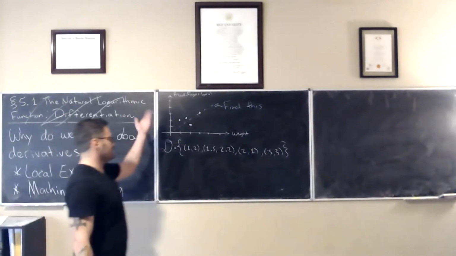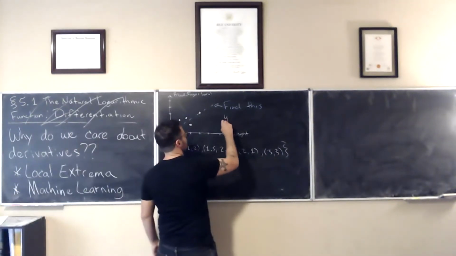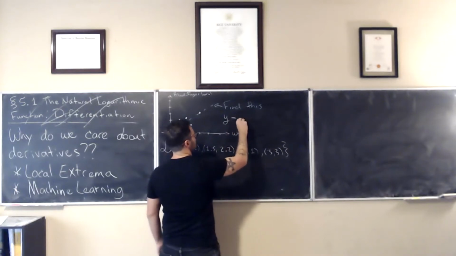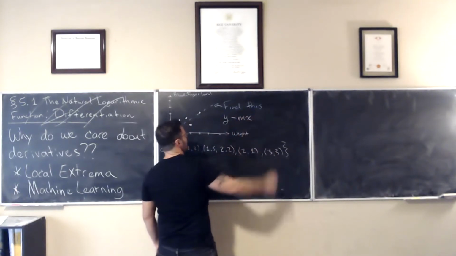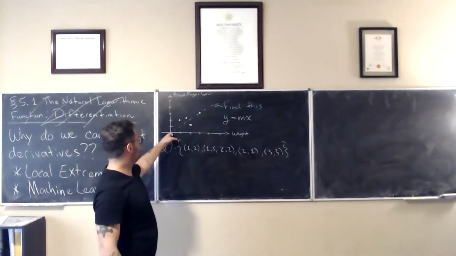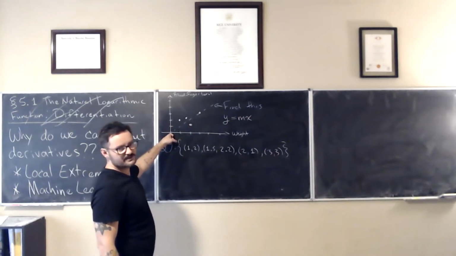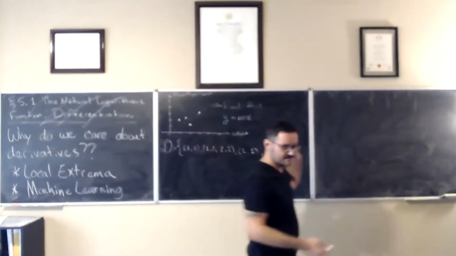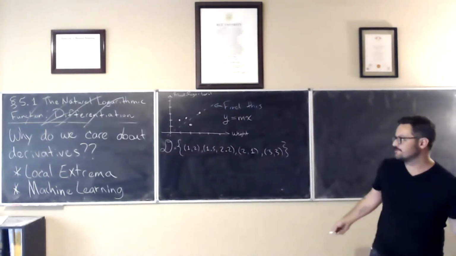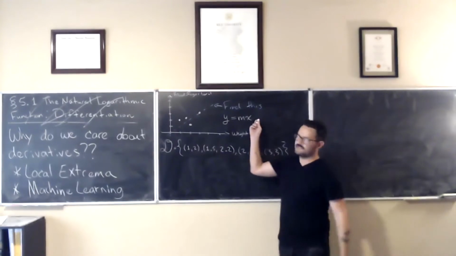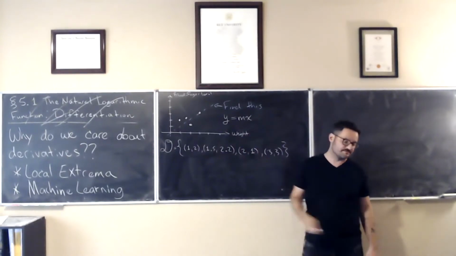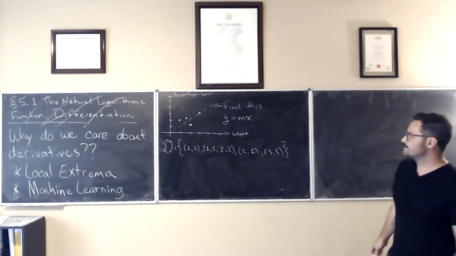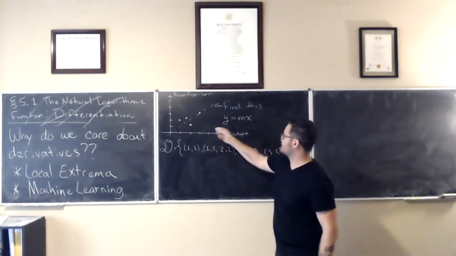So what makes up this line? This line is really y is equal to, and we're assuming that the line passes through the origin, right? If you have 0 weight, then you have 0 blood sugar, whatever. So it does go through the origin. There's no intercept. The intercept's 0, I mean. Okay. So what determines that line?